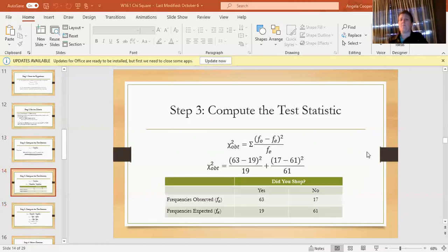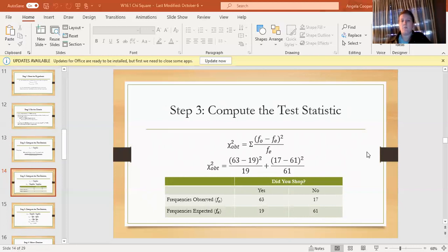So let's fill this in. It's fairly simple. I find it a lot easier to make a table because then you can just fill in the blanks. Just like for standard deviation, with that sigma, we have to do the sum. That tells us we need to find the observed minus the expected frequencies, and square it.